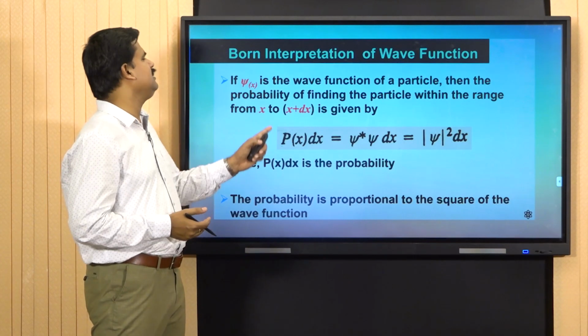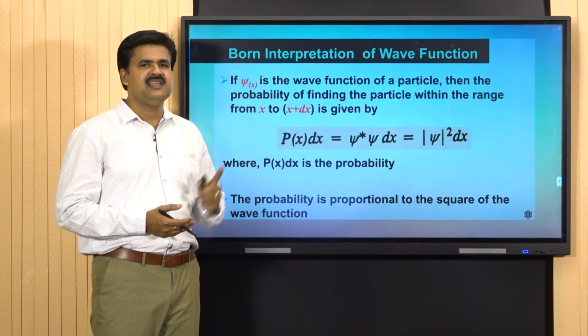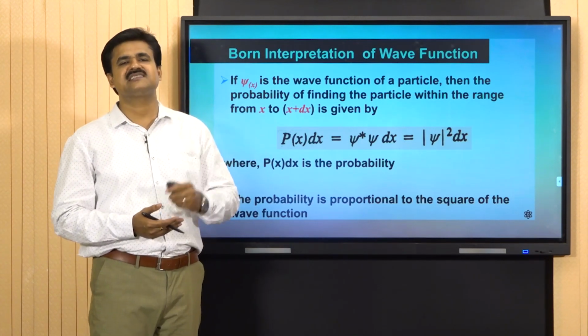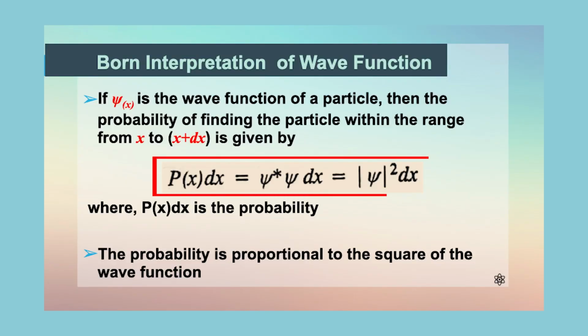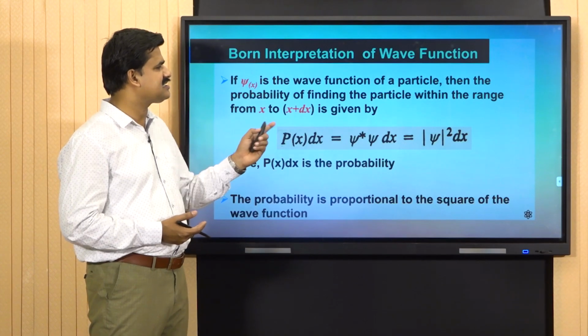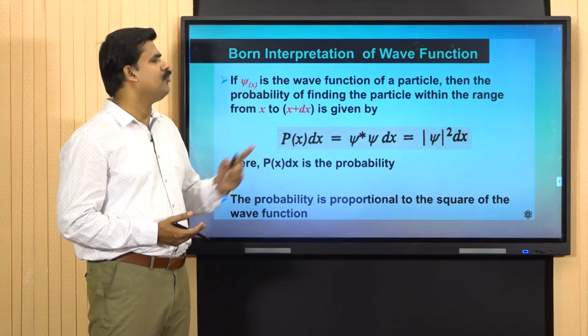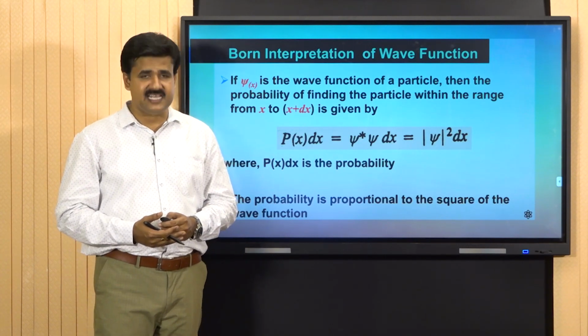The probability of finding the particle along the x direction between x and x plus dx is given as P(x) dx equals psi star psi dx. If psi is real, we can represent psi star equal to psi, or P(x) dx is modulus of psi square dx.